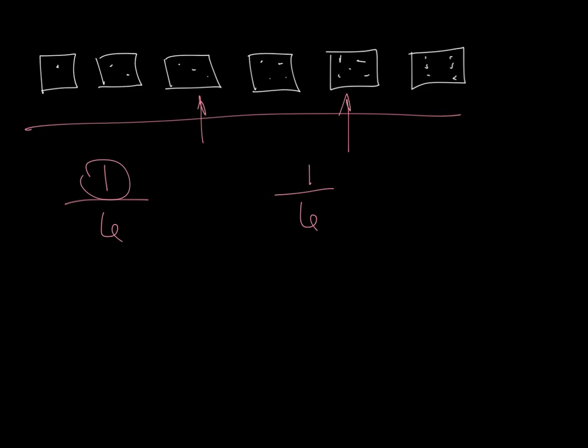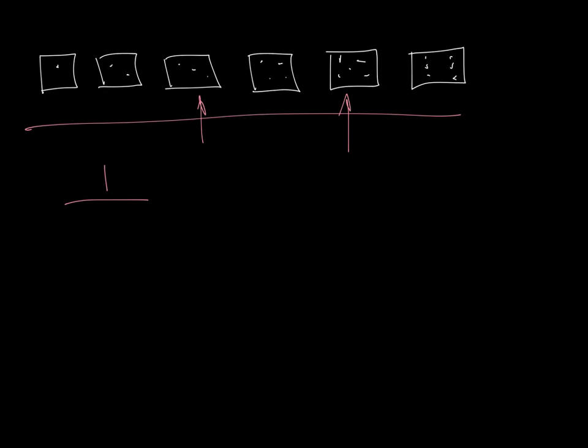Let's say we're going to roll our dice and we want to get a 1, 2, or 3. We don't care which one it is, but we want to get a 1, 2, or 3.